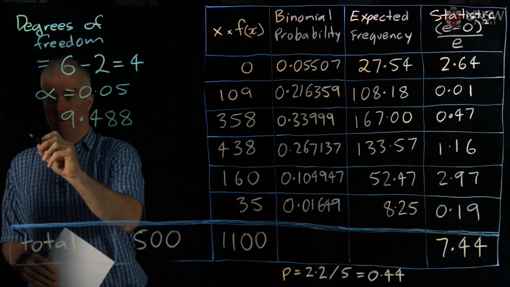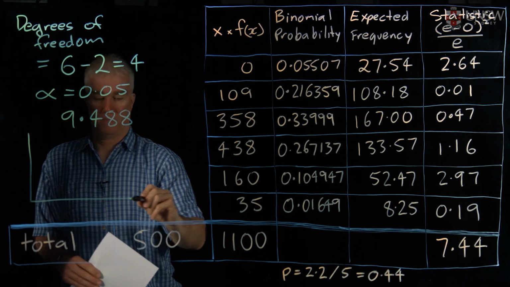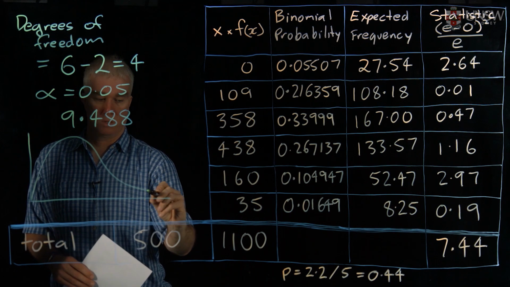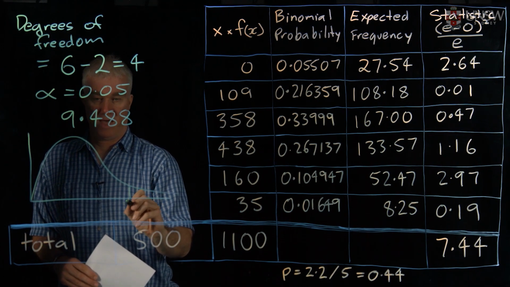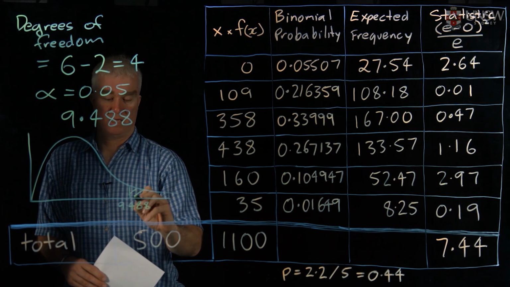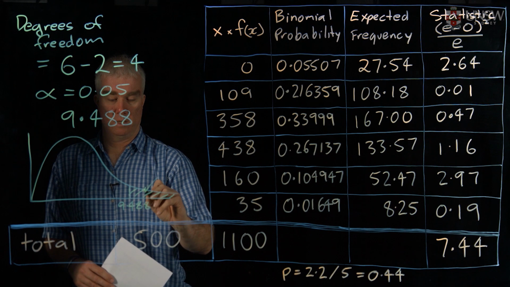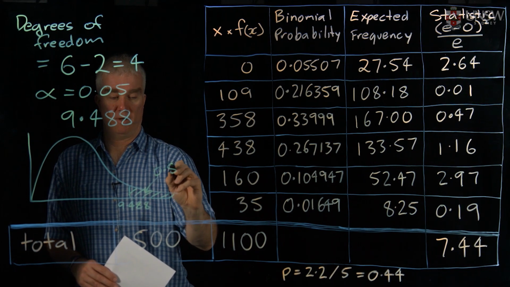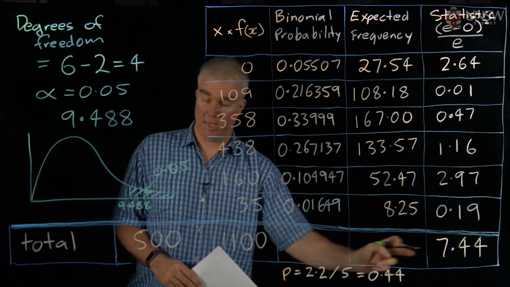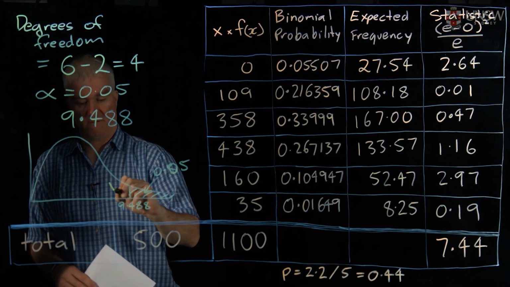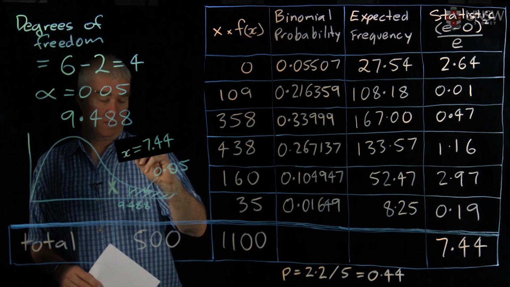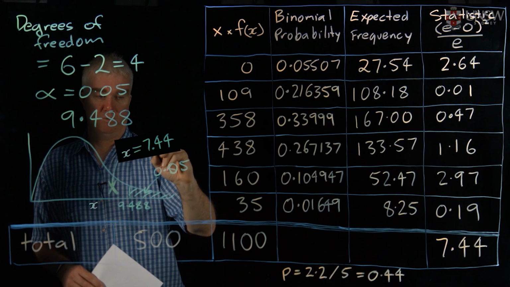So if we look at our probability distribution, which looks like so, we have at 9.488, this area here is equal to 0.05, and this value here is over here somewhere, 7.44.